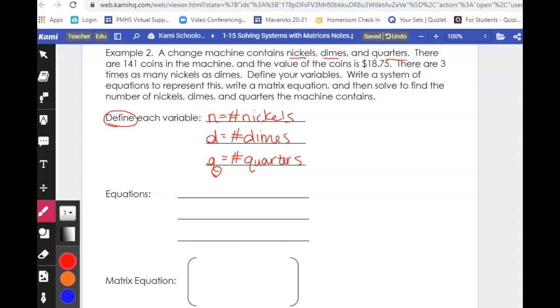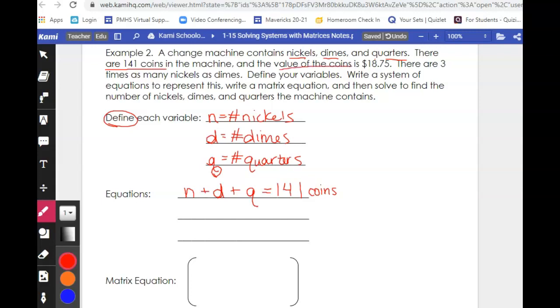So the equations. There are 141 total coins. So the number of nickels plus the number of dimes plus the number of quarters equals 141 total coins. So this equation is all about the coins. The next information that it gives us is the value of the coins.